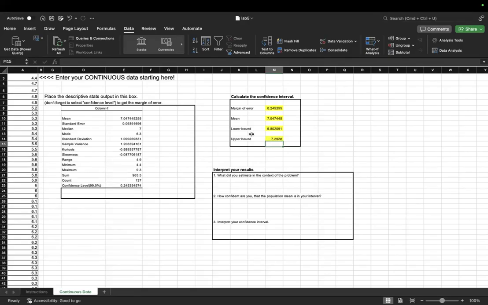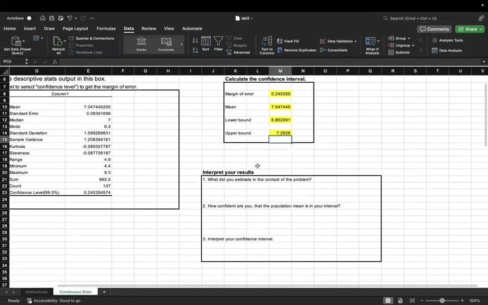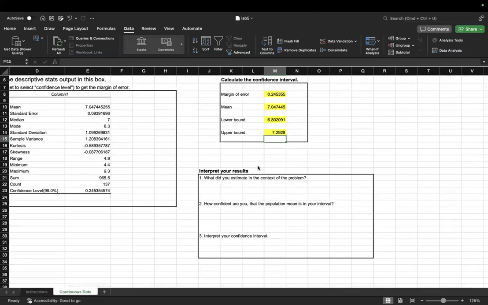So what we're kind of doing down here in the interpreting results is it's kind of scaffolding. So it's giving you bits by bits. So right here, what am I estimating? Since my data has to do with earthquake magnitudes, I am estimating the actual maximum earthquake magnitude in the world.